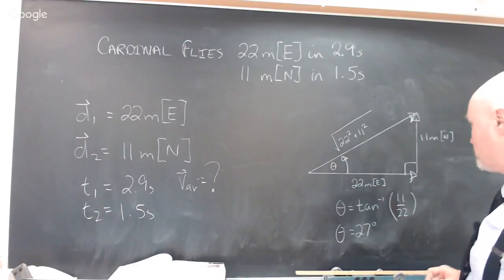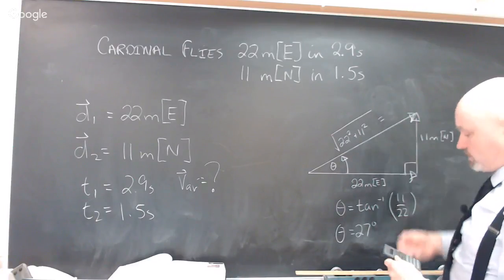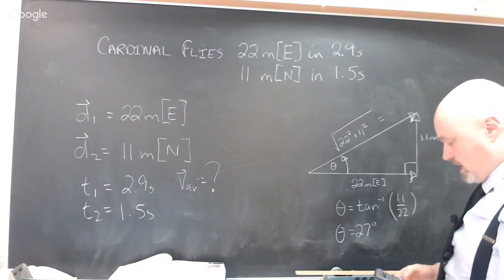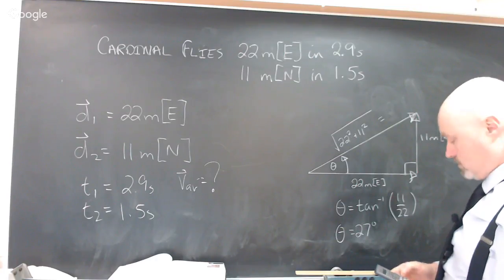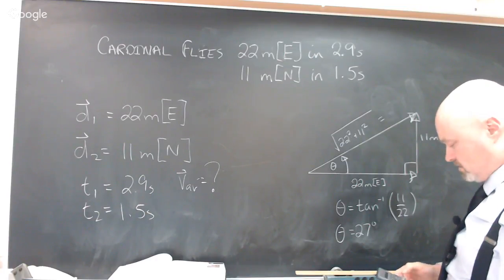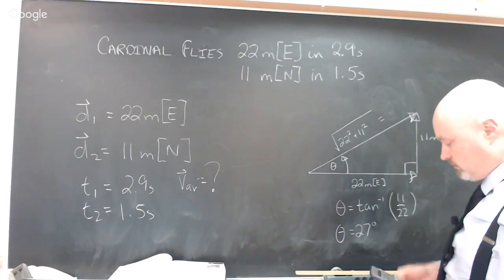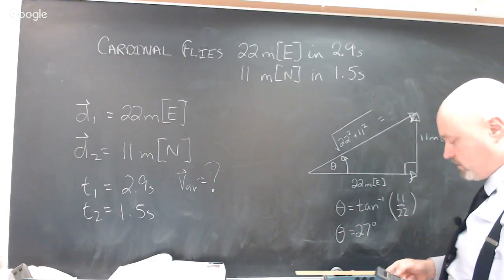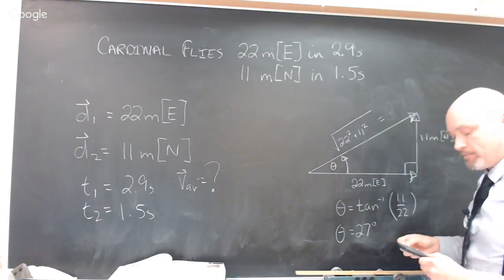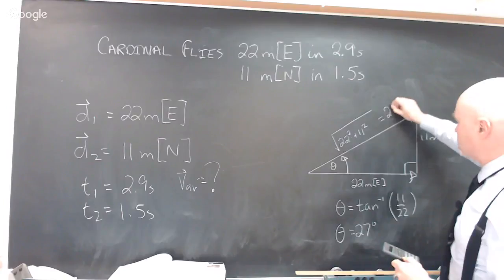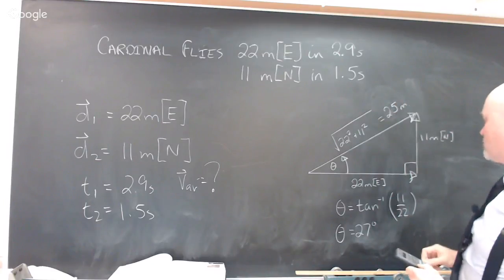So there's my direction. And my displacement here is actually just the square root of 22 squared plus 11 squared, the square root of 605. And so that is 24.59, and so because this is two significant digits, this is 25 meters.